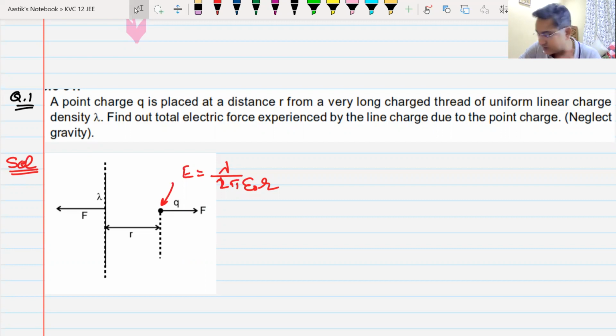In fact, it was the first question. And then you gave me the answer very quickly. So the answer is lambda by 2 pi epsilon naught r multiplied by q. When I give you this question, which is a lot simpler than the previous one, why is no one answering?